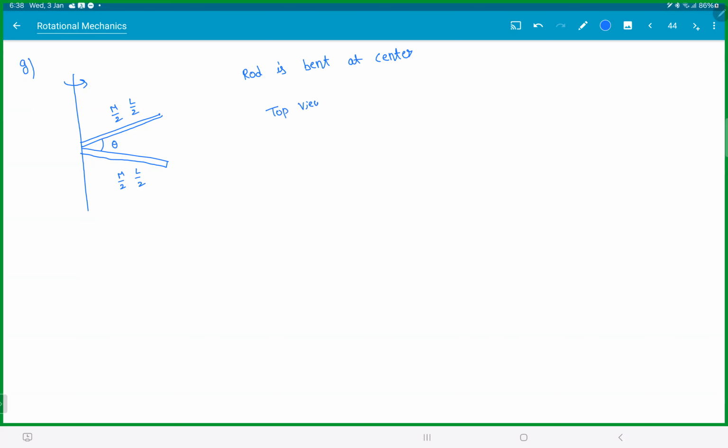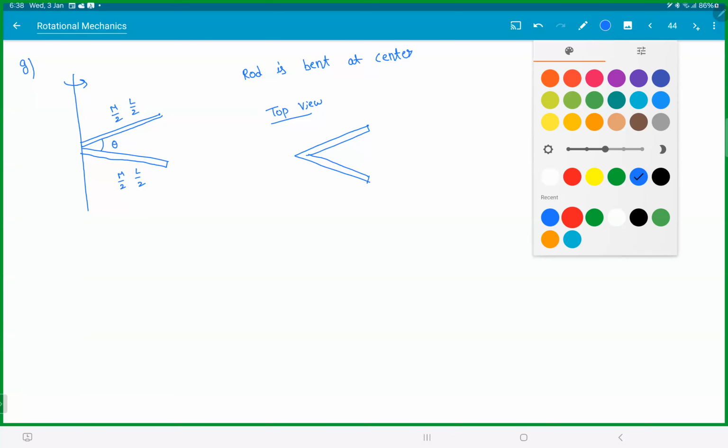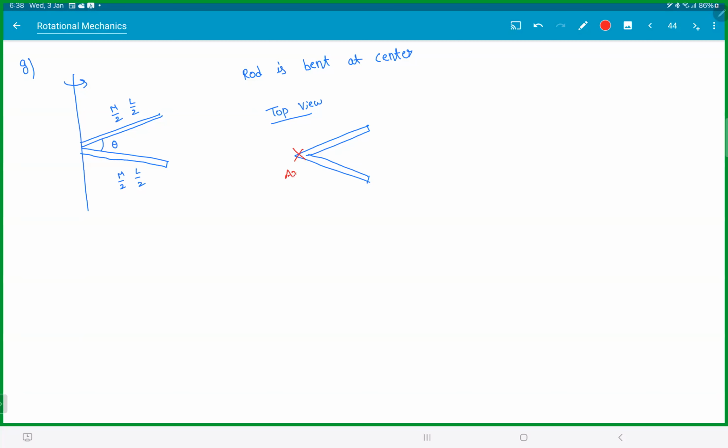Top view will look like this. This is the axis. Understood how the diagram is? This whole thing would rotate like this. What about this moment of inertia? You took a rod of mass M, length L and you bent it in the center at an angle theta, like a V shape.